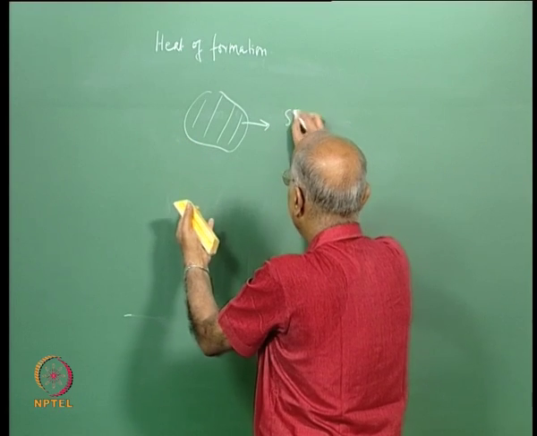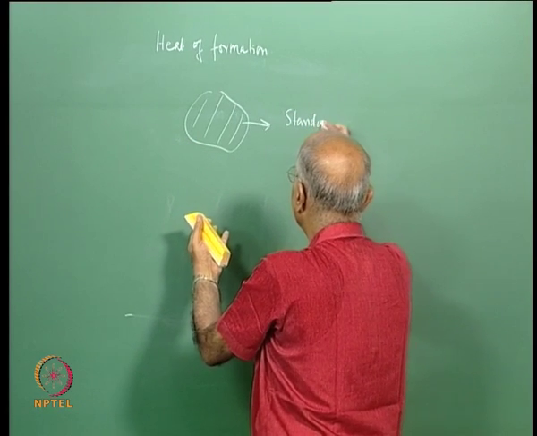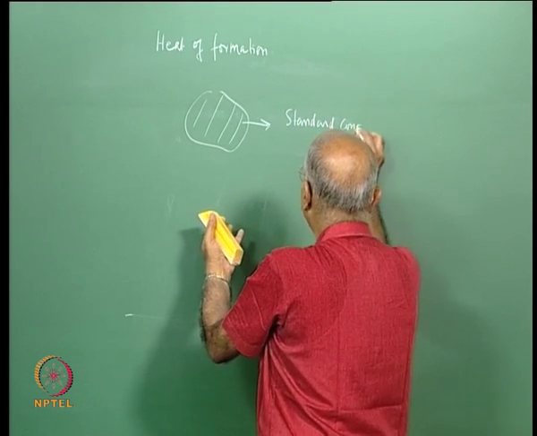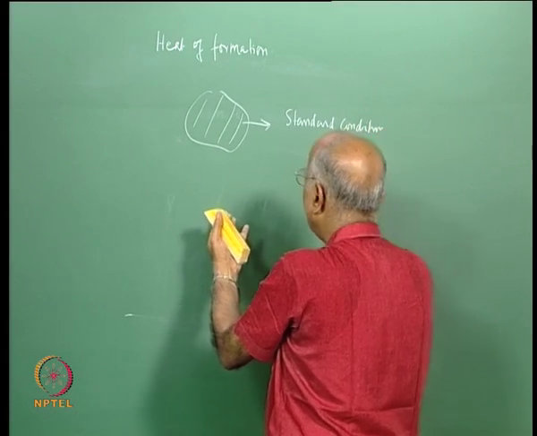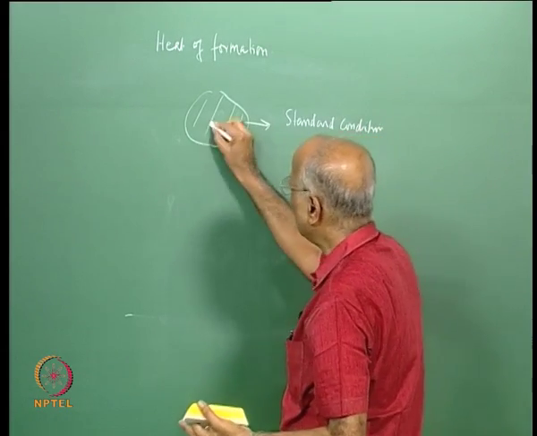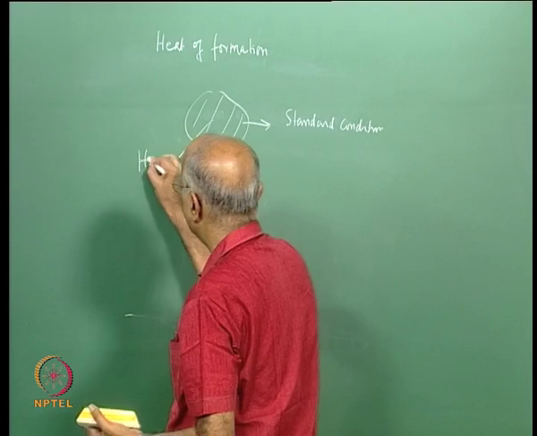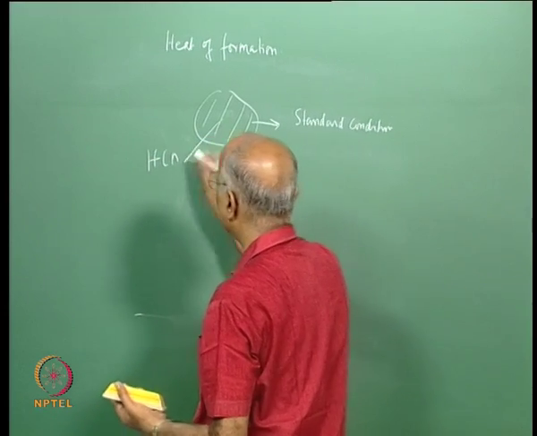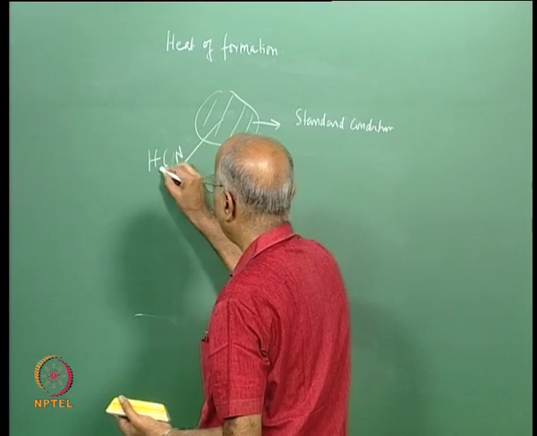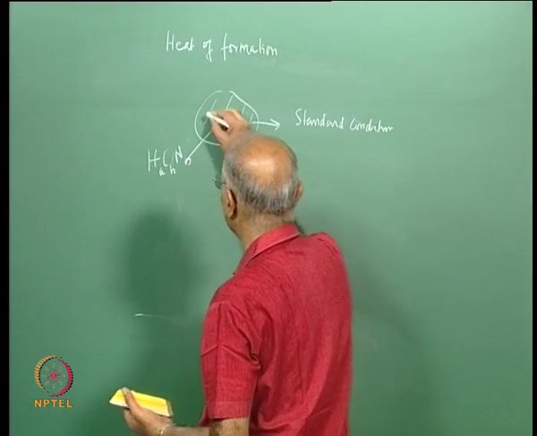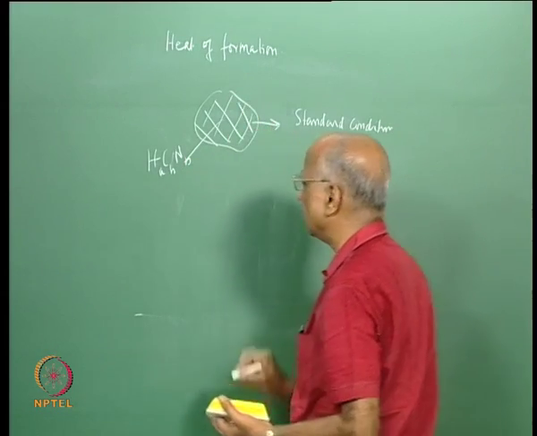I say, at a standard condition, what is the energy available with the chemical, and how do I define it? This substance could be, let us say, hydrogen, carbon, nitrogen, some substance like H_a C_b N_c, a solid substance over here.